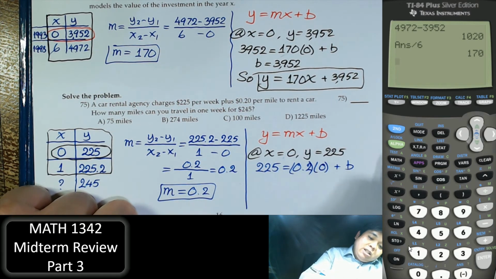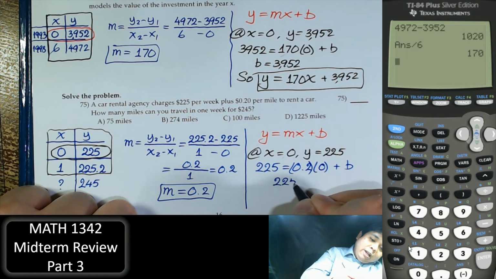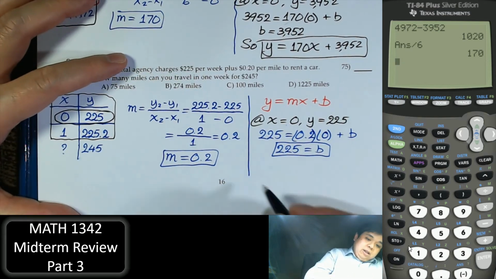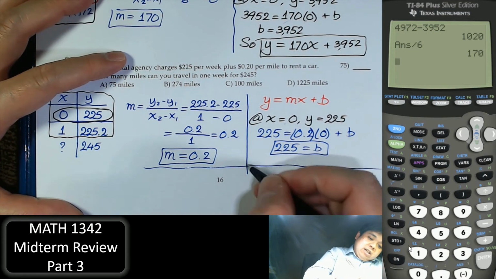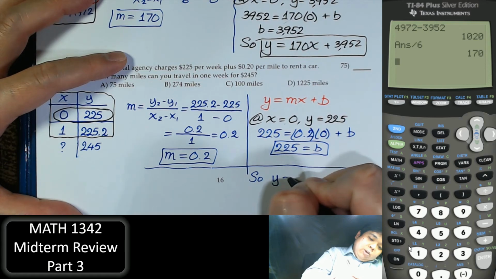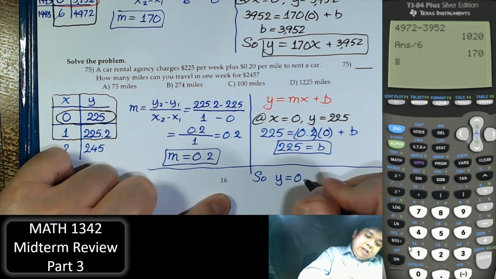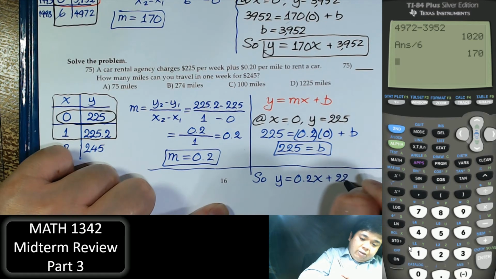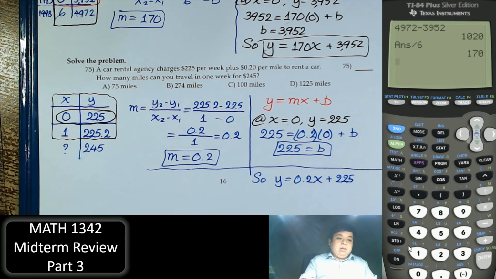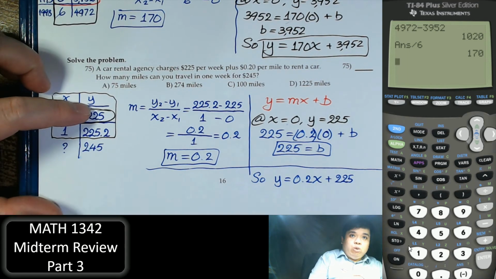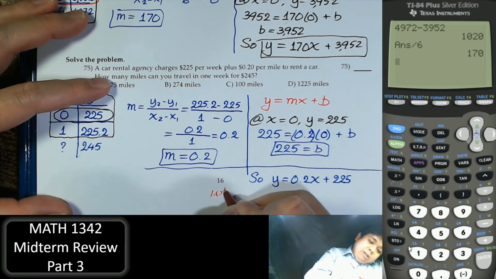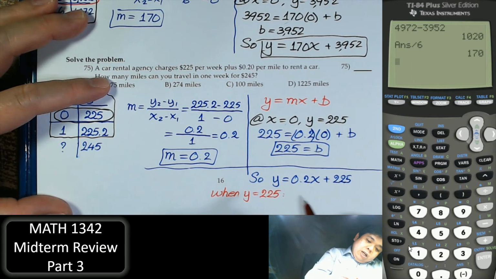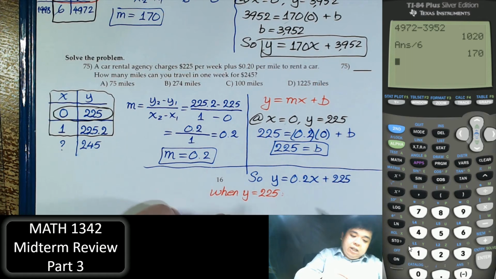And 0 times anything is 0. So 225 is equal to b. Right. With that, the equation is y equal to mx plus b, 0.2x plus 225. Now, we know y is equal to 245. So we substitute that in for it.